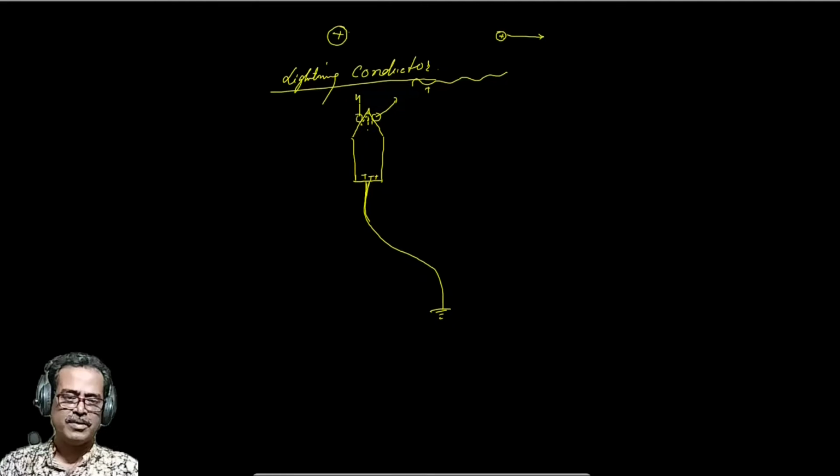As a result, these air molecules move away from the conductor and mix with the cloud. These are negative air particles, so when they come in contact with this positive cloud, they nullify each other. In this way, the potential of the cloud reduces, and the possibility of a thunderbolt is reduced.